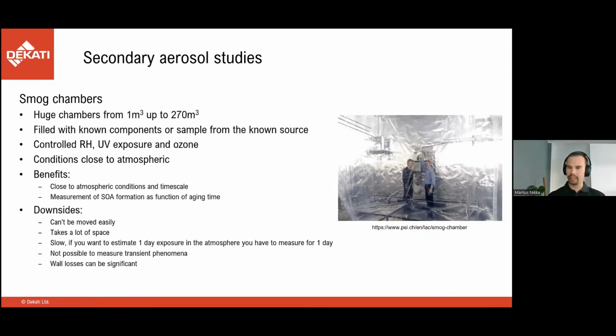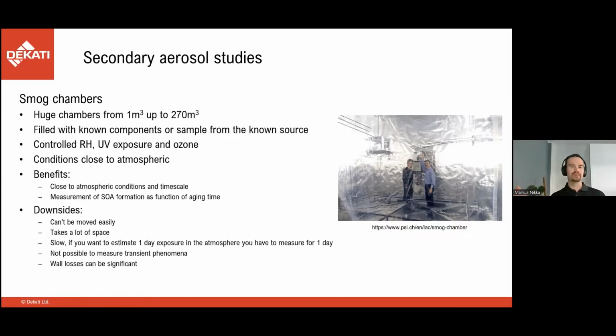So how do we measure or study the secondary aerosols? One way to do these measurements is so-called smog chambers, which are huge, from 1 cubic meter up to a few hundreds of cubic meters large, typically Teflon bags, like presented in the picture on the right.